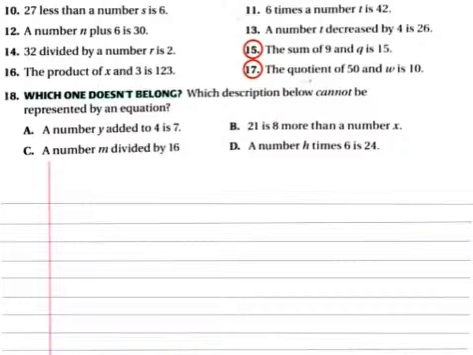All right, we're back here, and we're going to talk about equations. Number 10. It says 27 less than a number S is 6. Just a quick reminder, is means what?